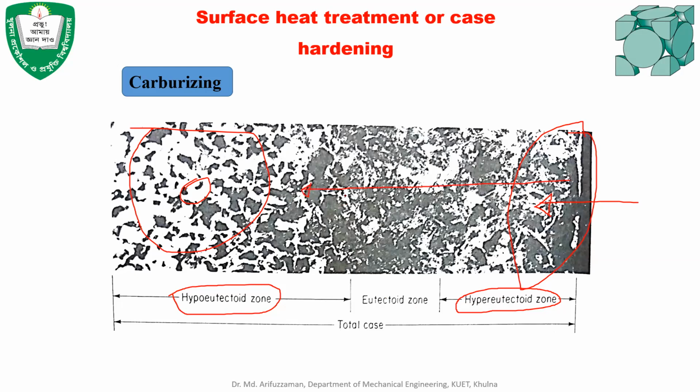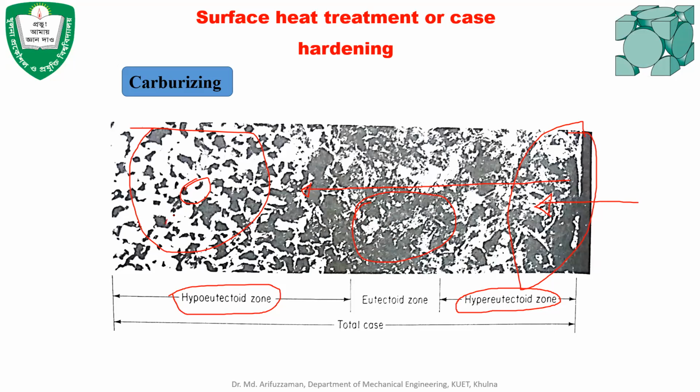The high amount of carbon on the surface gives you the hypereutectoid zone, and there will be a transition zone where the carbon content will be exactly 0.8%. If you look at the microstructure carefully, this zone will show a large amount of pearlite.